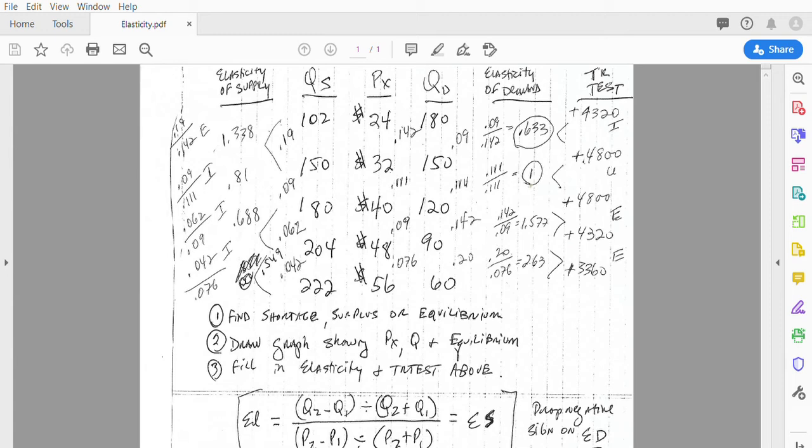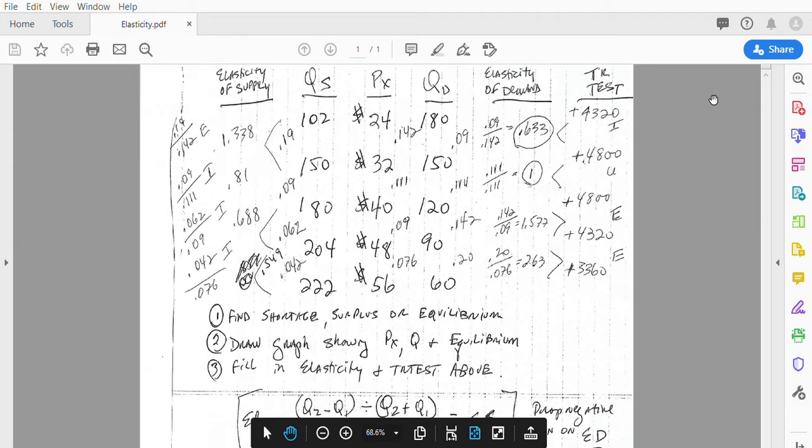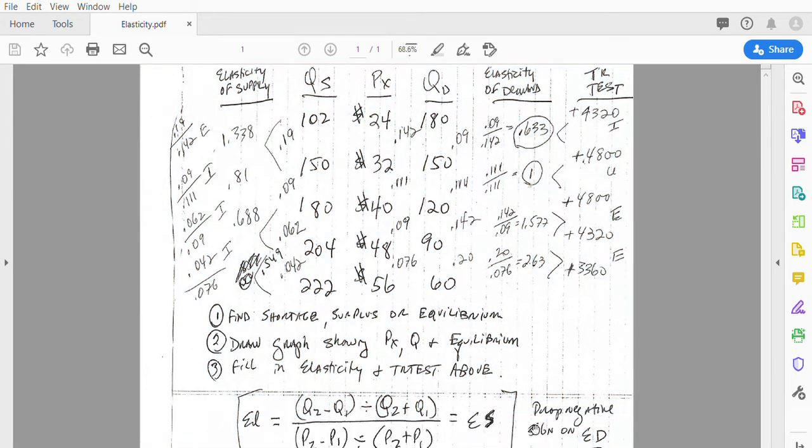So if you look at this equation down here, which I know I wrote equal, but equal really meant it was not different for either group. You could use the same relationship for quantity supplied or quantity demanded. Either elasticity of demand or elasticity of supply uses the same equation.